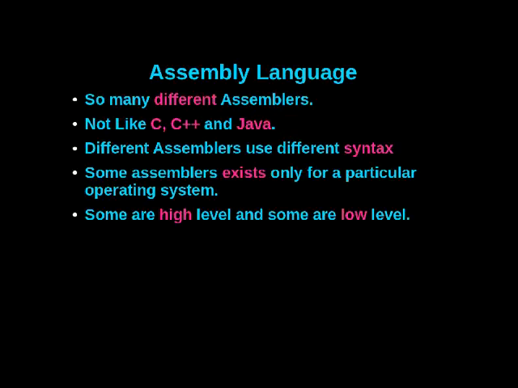Some assemblers exist only for a particular operating system. Some of them are for Windows, some for Unix, and some for more than one, but it's going to be complicated to configure. Why? Think of it. We were talking about system calls.